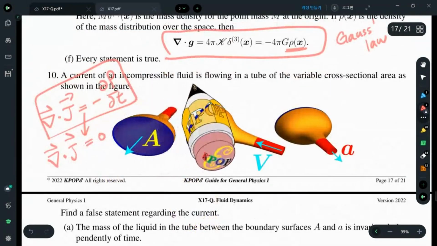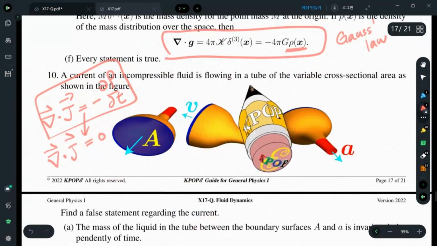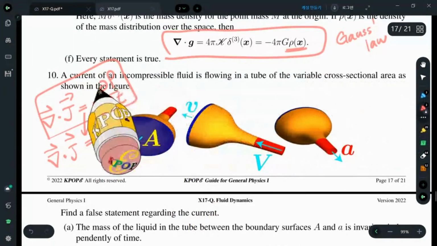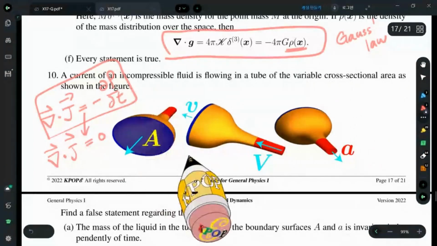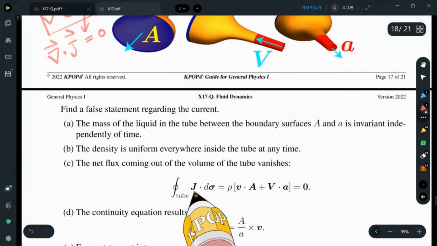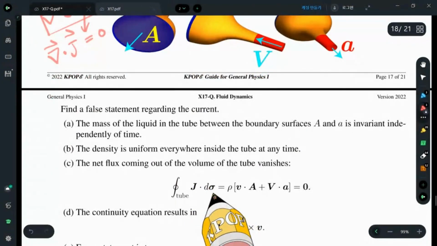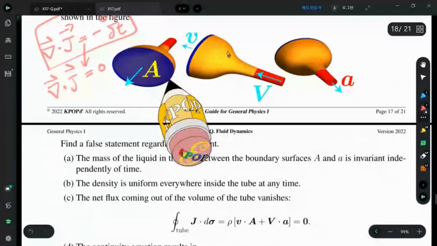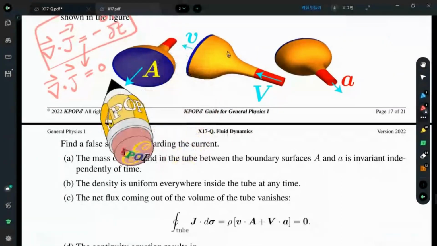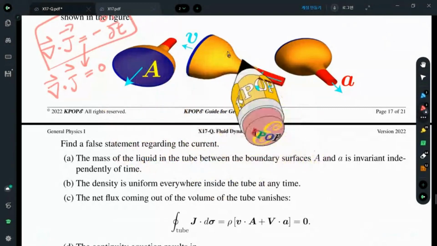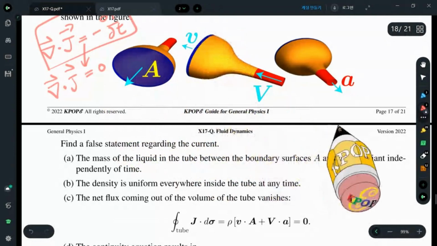the current of an incompressible fluid flowing in a tube with a variable cross-sectional area, as shown in the figure. Let's see. J dot this sigma. Inside the tube, you construct a closed surface. This is a closed surface.